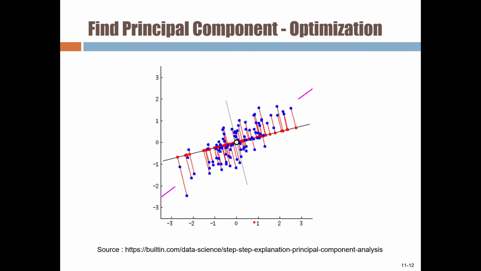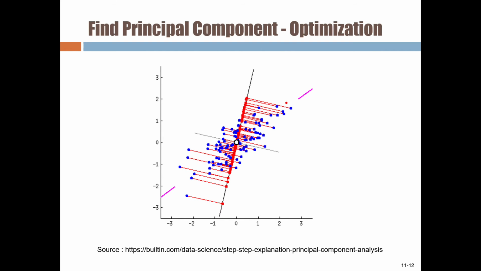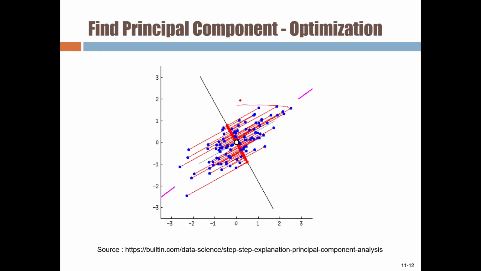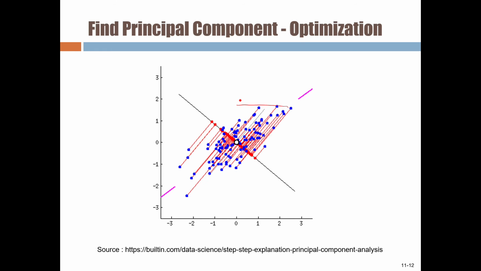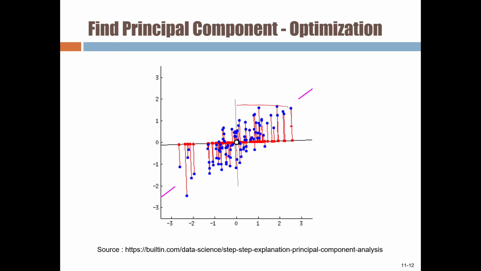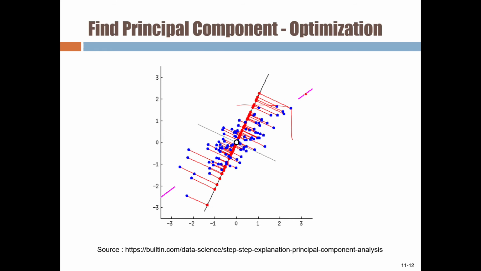And numerically, how the computer finds the principal component is by calculating the distance of our data to the new axis. We calculate the distance, and then we try to minimize it.